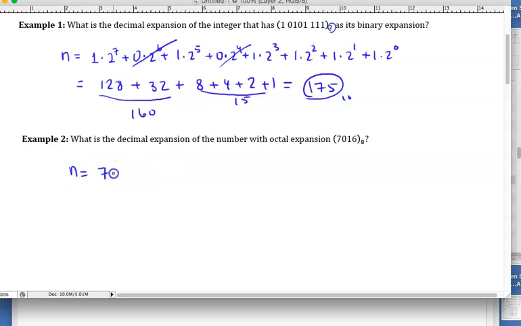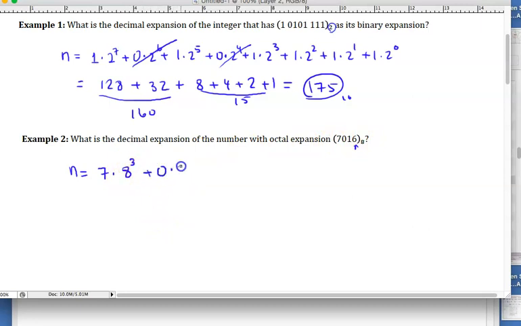The 6 right here belongs to the power 0, so I count 0, 1, 2, 3. The first power is 1 less than how many digits you have. So if you have 4 digits, it starts with power 3.